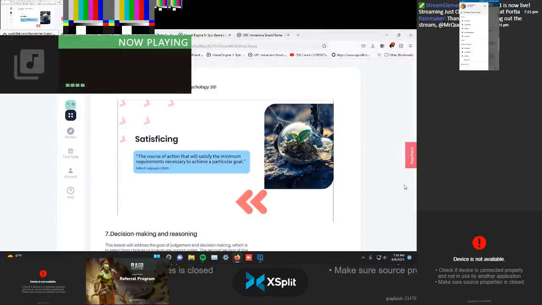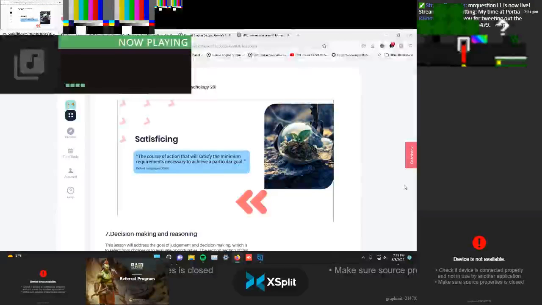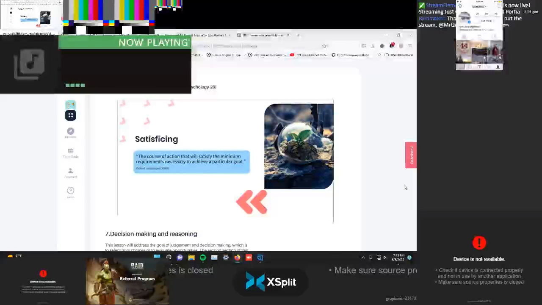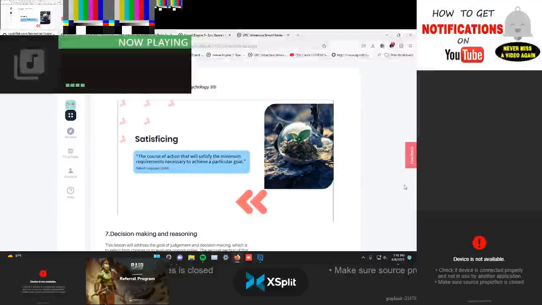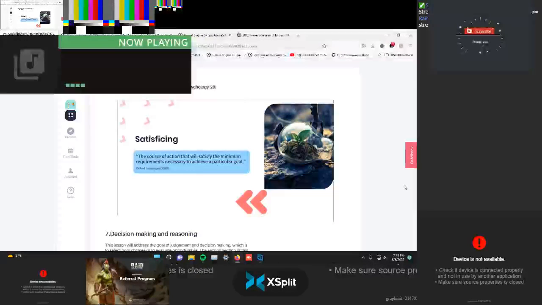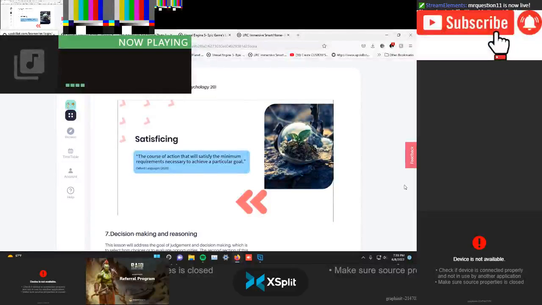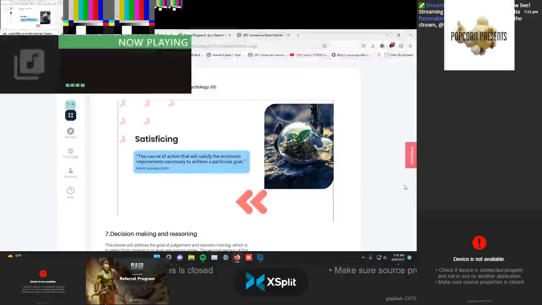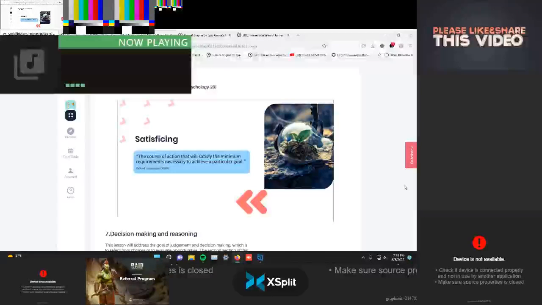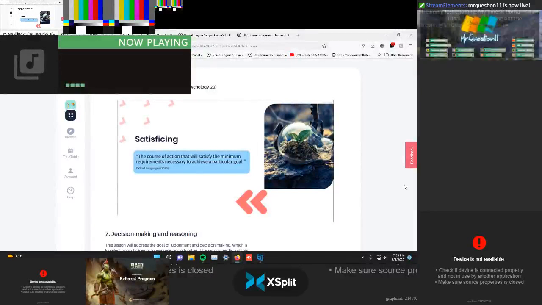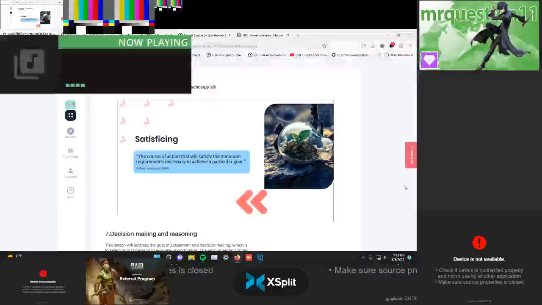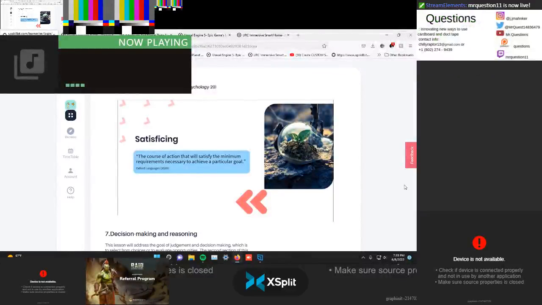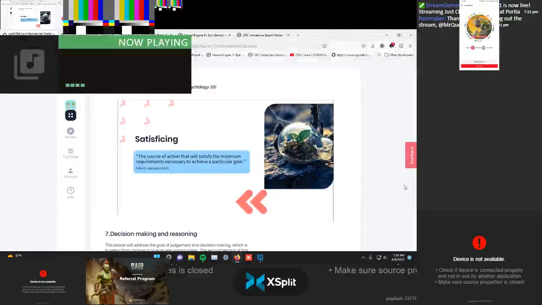Rather, in satisficing, every option is considered one by one, and then an option is selected as soon as one that is satisfactory or just good enough to meet the minimum level of acceptability is found.